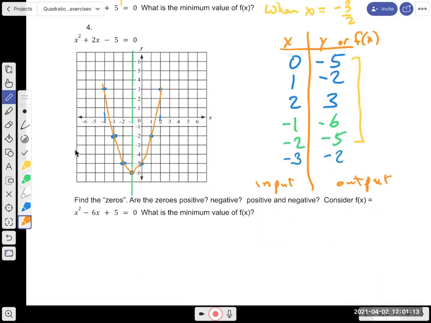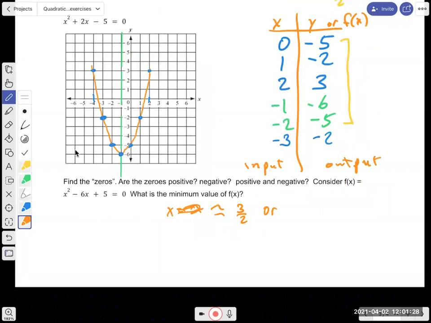So x is approximately equal to 3 halves, or approximately equal to minus 7 halves. So we had to just estimate. The graphing doesn't always give us the precise answer we're looking for.